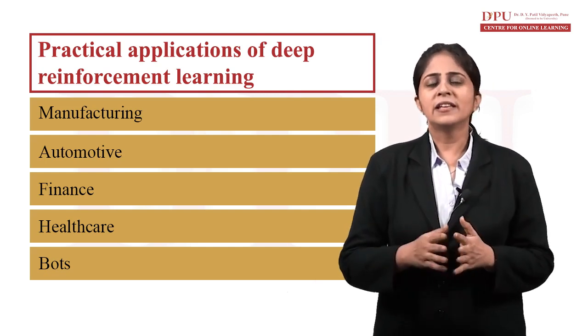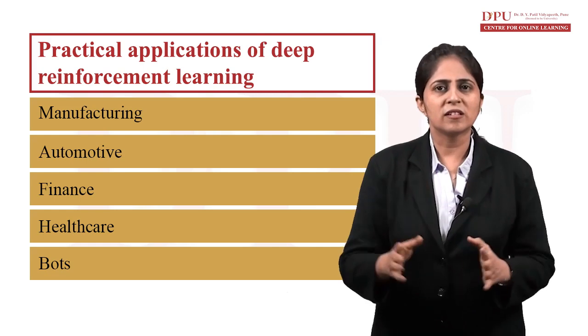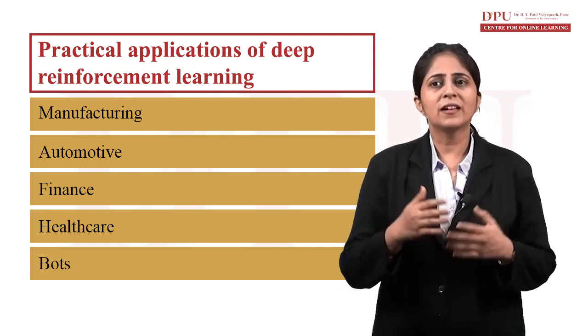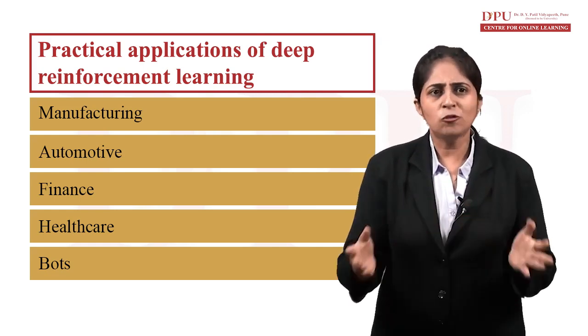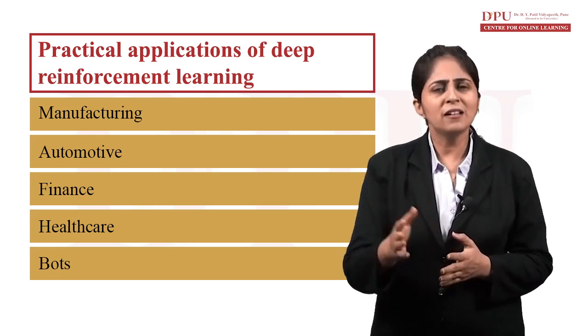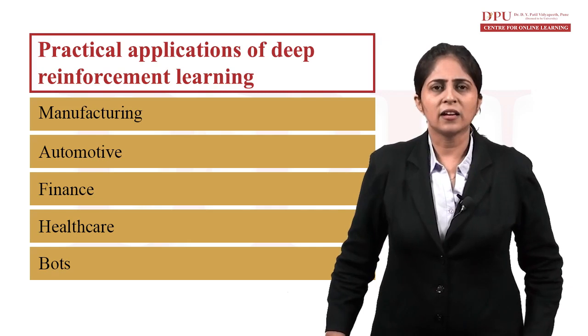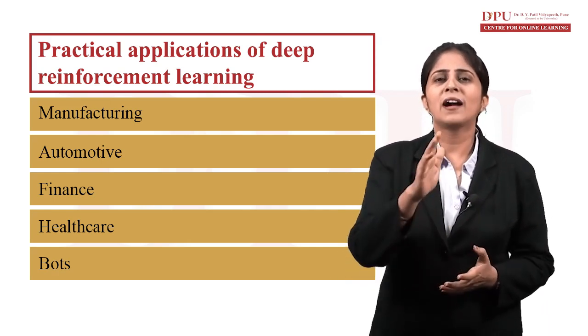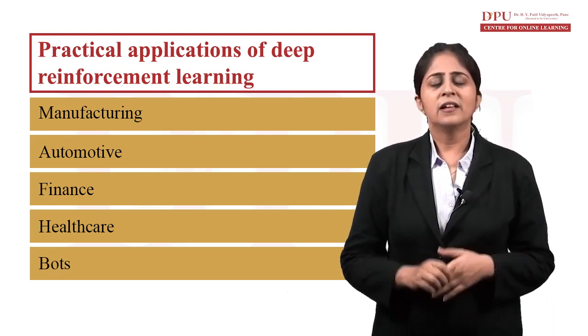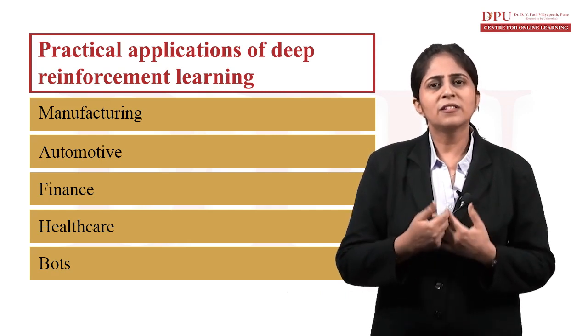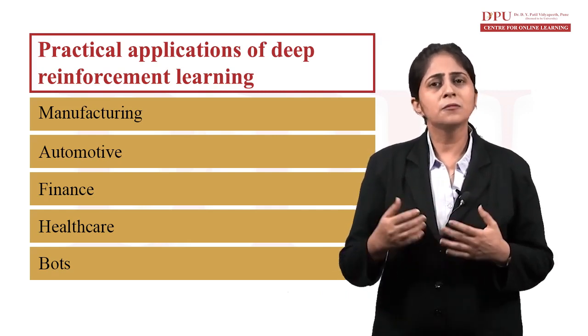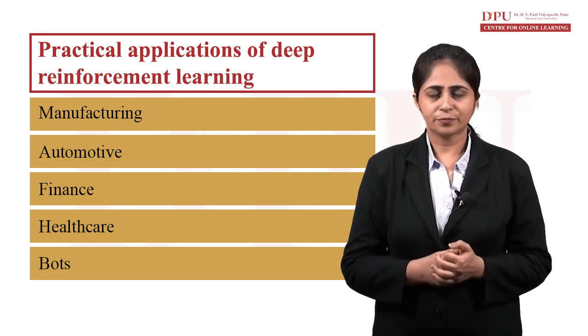The bots are rapidly learning the nuances and semantics of language over many domains for automated speech and natural language understanding. This is all because of deep reinforcement learning that these chatbots have started answering our queries.